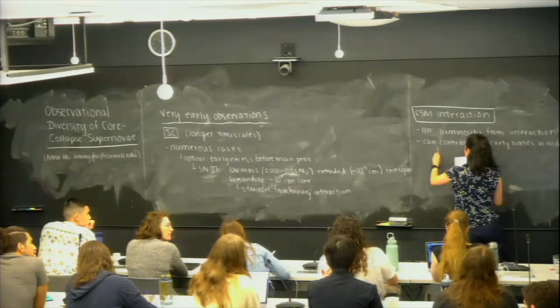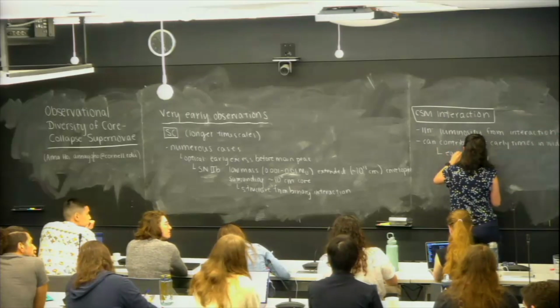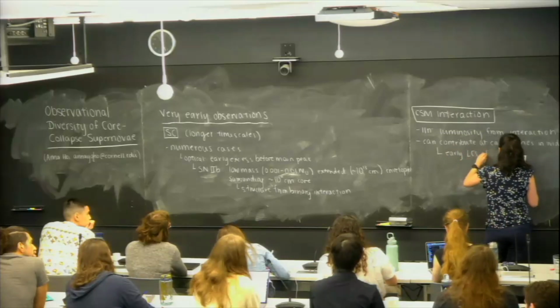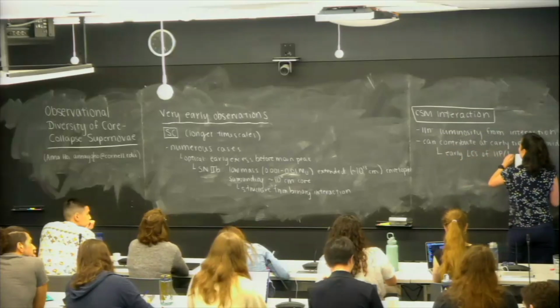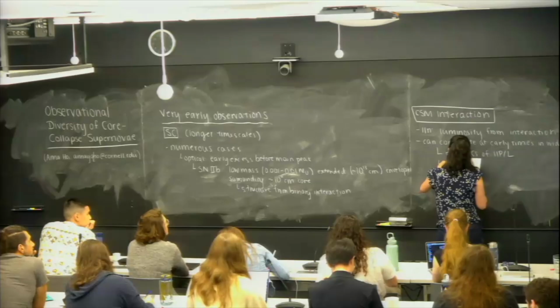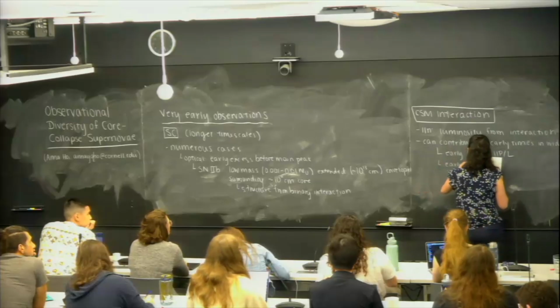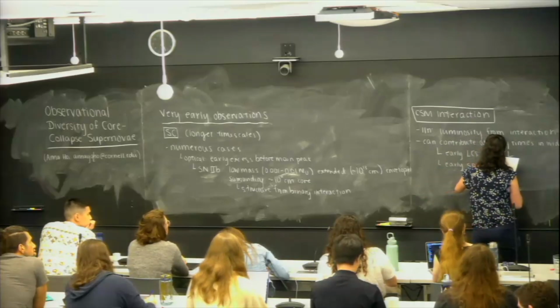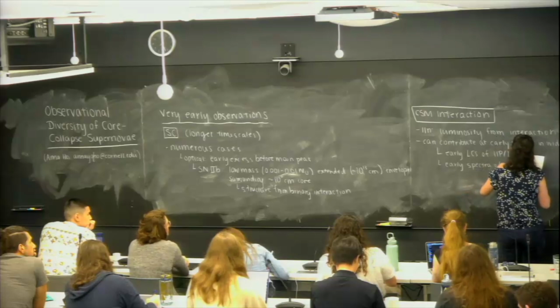So there are discussions about the early light curves of type 2s. There are discussions about the early spectra, again, of type 2s.